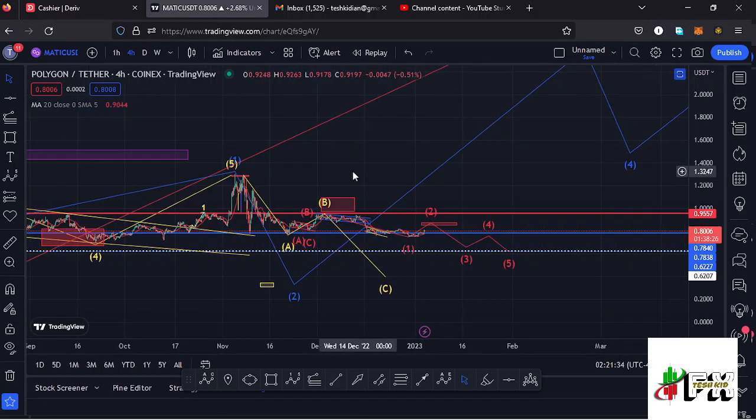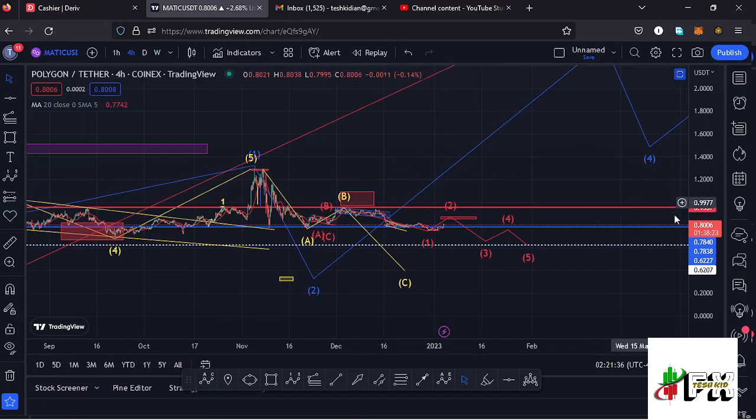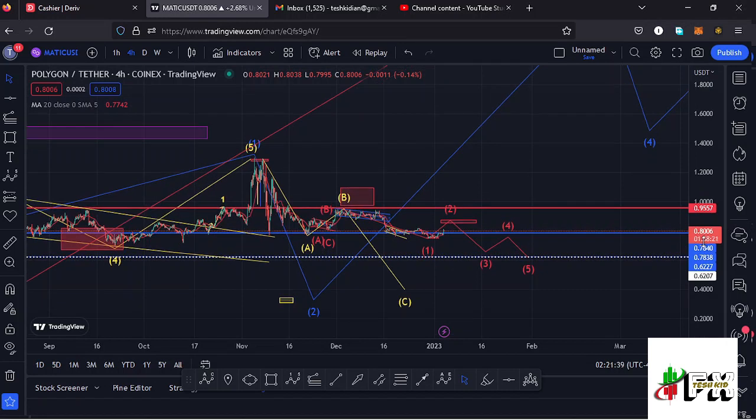And then from there we started a bit of a corrective structure in the formation of a second wave, which is my primary scenario, and that is what is going to give me the short-term scenarios that I'm expecting to play out here on the Polygon Matic chart.